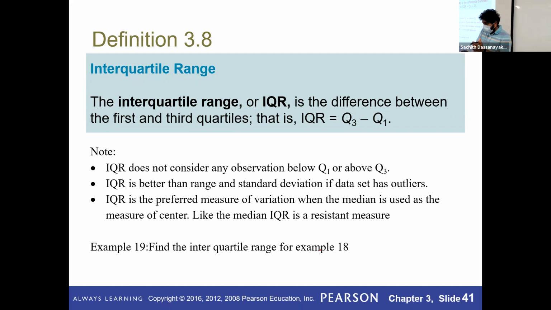As I mentioned just before, it measures the difference between Q3 and Q1. This automatically becomes a resistant measure, because it is the difference between resistant measures. So the interquartile range is also a resistant measure, which resists outliers. Clear?